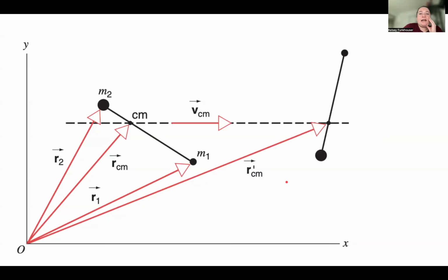So now let's look at a time later when the baton has changed position. Now we have the RCM prime, which represents the new position of the center of mass of the object.